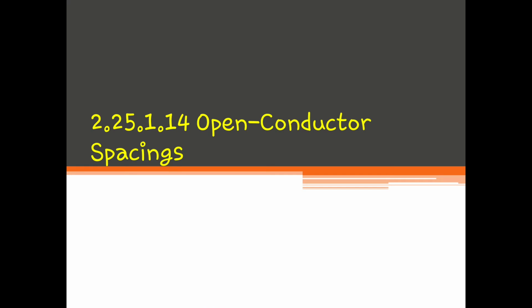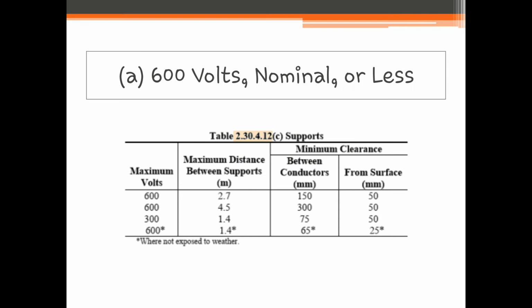Next is open conductor spacings. So under these we have 600 volts nominal or less. Conductors of 600 volts nominal or less shall comply with the spacing provided in Table 2.30.4.12c. So here is the table.